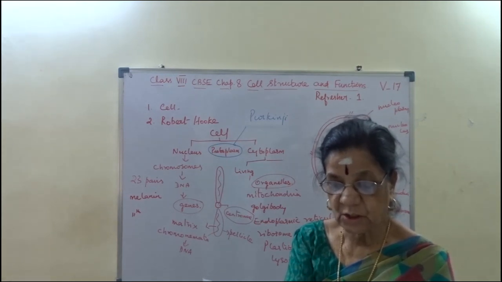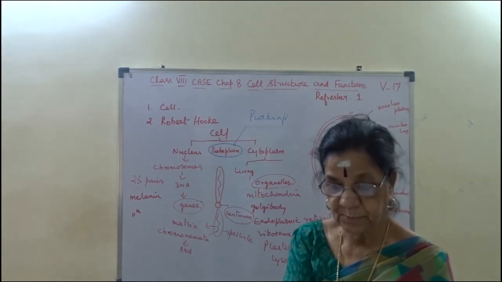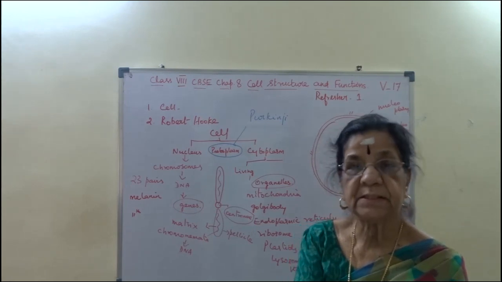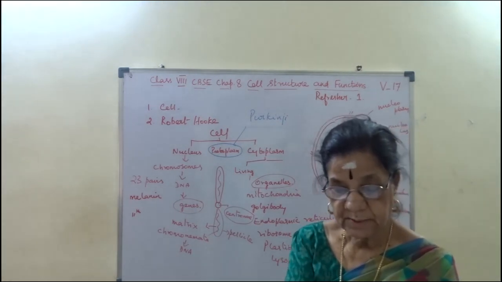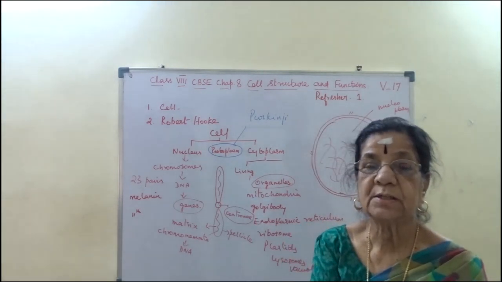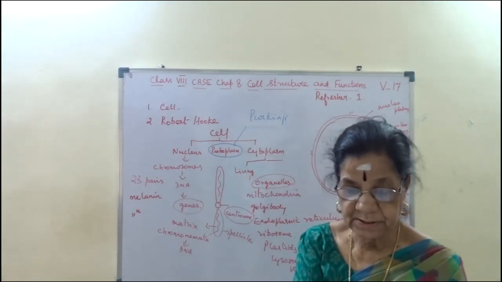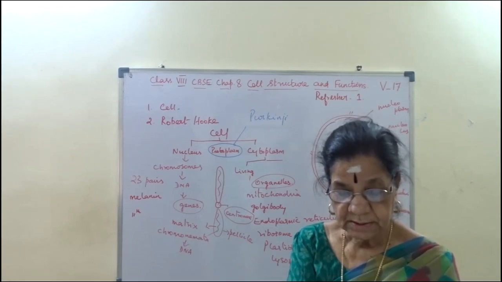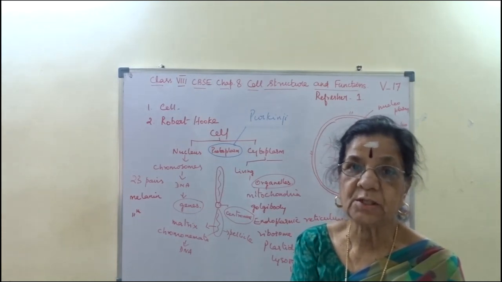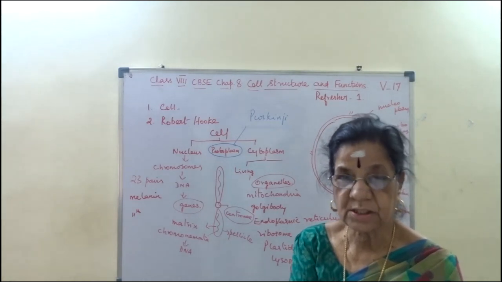Nitrogenous bases are purine and pyrimidine, where adenine and guanine are purines, and thymine and cytosine are pyrimidines. I repeat, adenine and guanine are purines, thymine and cytosine are pyrimidines.